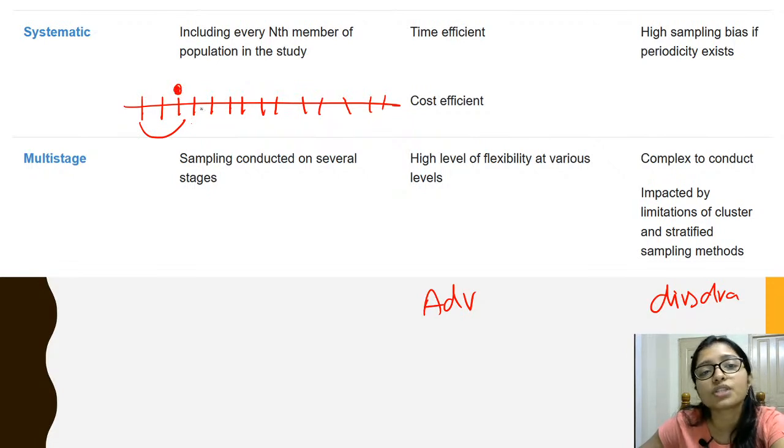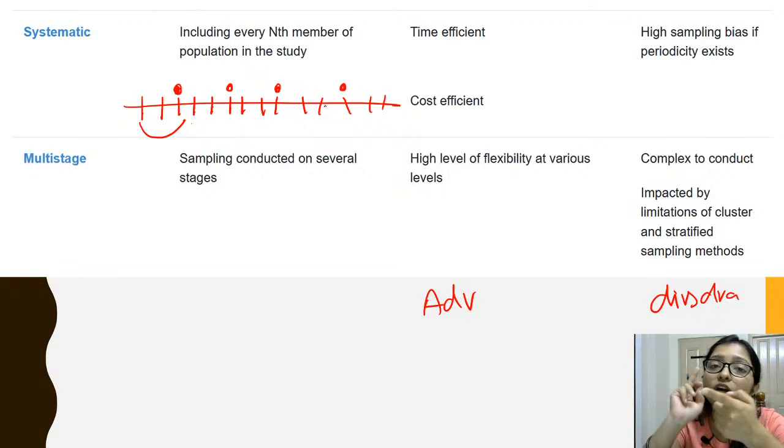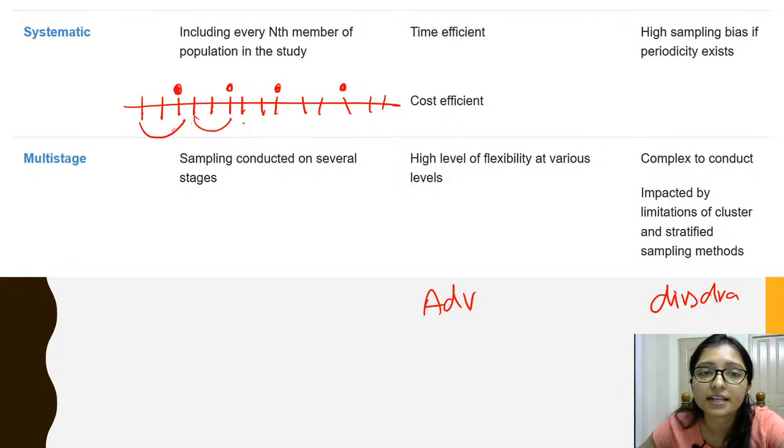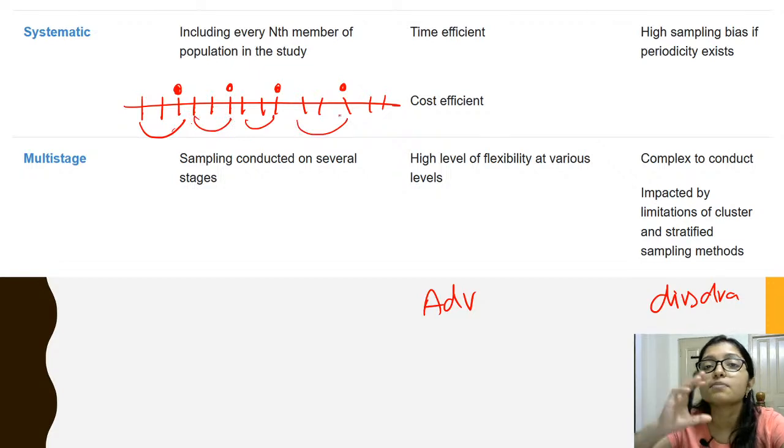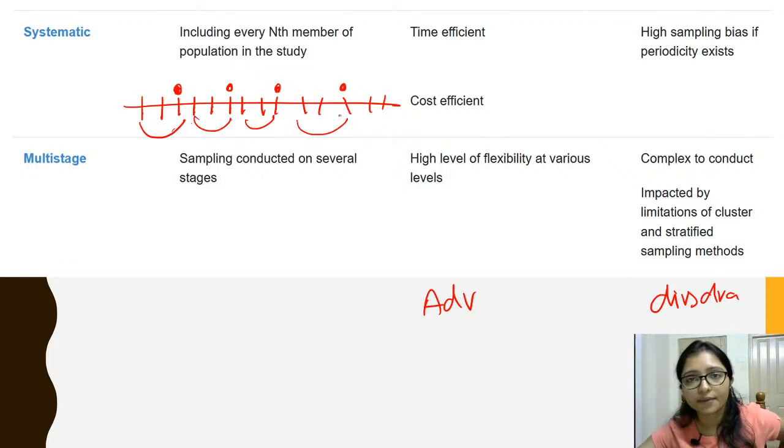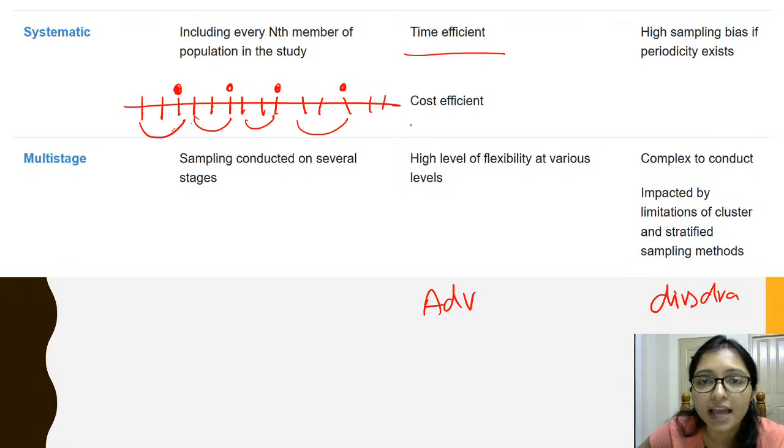I will choose this third person, then after 1, 2, again this third person I will choose, and again the third person. So you are choosing systematically from the line, choosing some specific interval. So here is the specific interval, right.